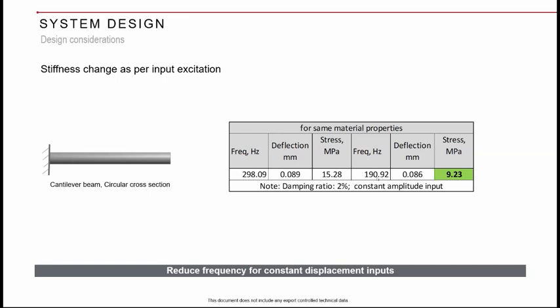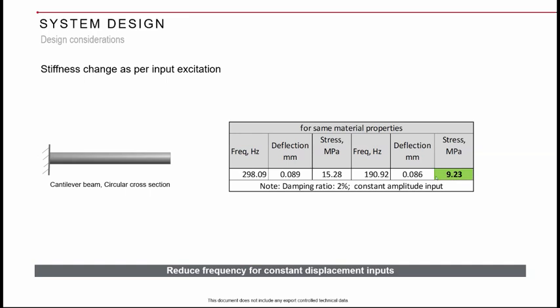What I did here was reduce the frequency by reducing the cross section thickness of this member. With that, what happened? You can see the deflection remains more or less the same because this is a constant amplitude input, whereas the stress has come down significantly compared to the earlier one, and that is because the stiffness of the system has come down. For the reduced stiffness, for the same deflection, you will see lesser stresses.